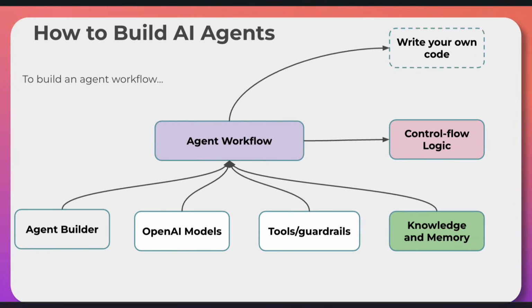But you are also able to write your own code using the Agents SDK, as explained earlier. So this whole ecosystem on how to build agents, this agent workflow, is catered to non-coders as well as coders. And that is the beauty of this new tool.